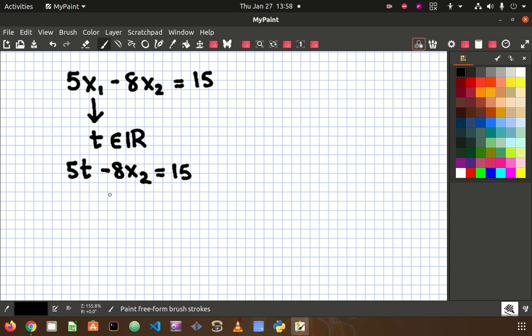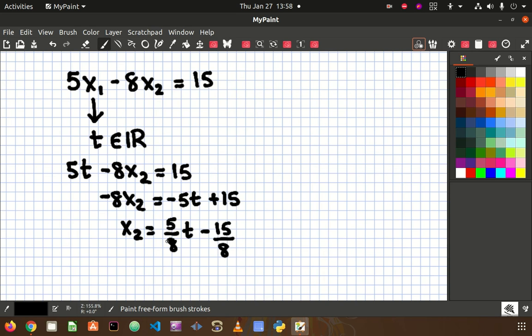Now let's solve for x2. So we subtract 5t from both sides. Negative 8x2 equals negative 5t plus 15. Divide everything by -8, and so that's 5/8 t minus 15/8.